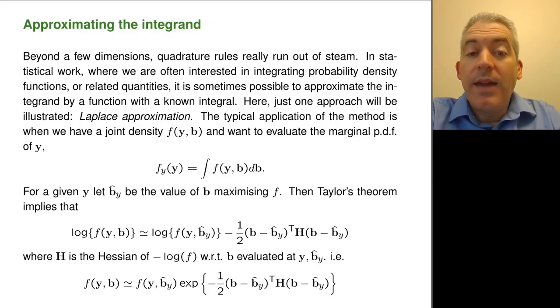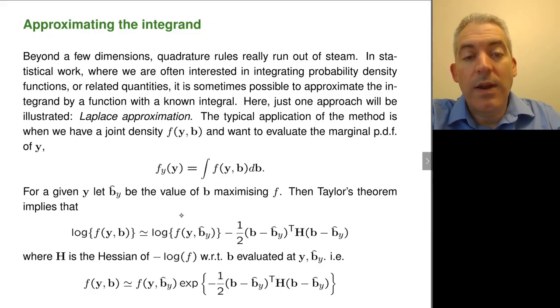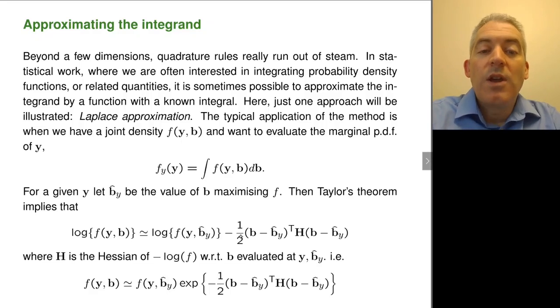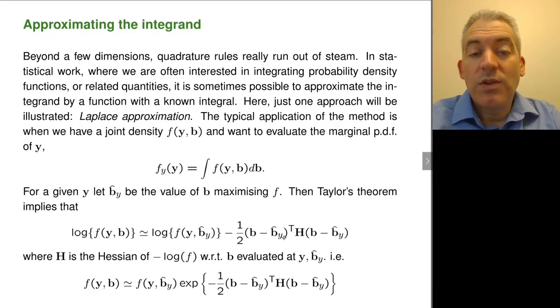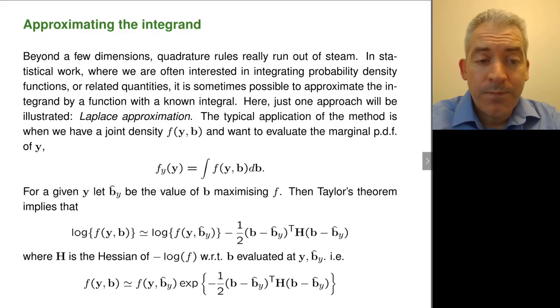Then once we have that mode, we can expand the function about that mode to get its behavior as a function of b. Essentially what we're going to do is a second order Taylor series expansion, because we know at the mode there's no gradient term, right? So we've just got our value of the density at the mode plus this second order correction term involving the Hessian.